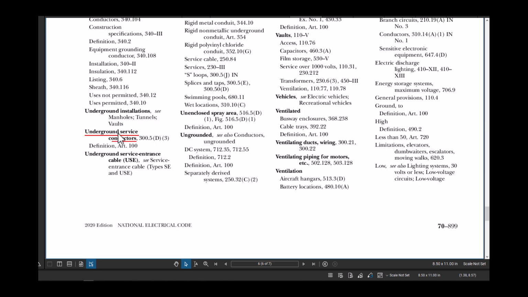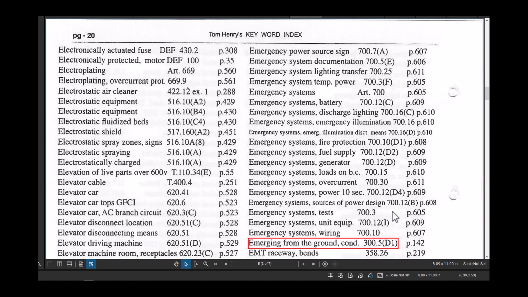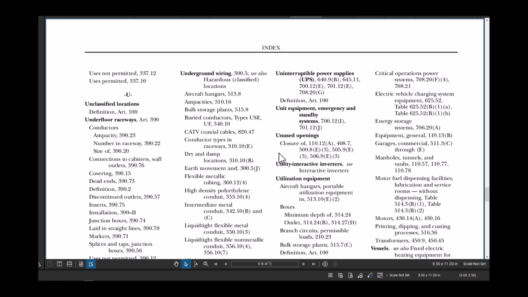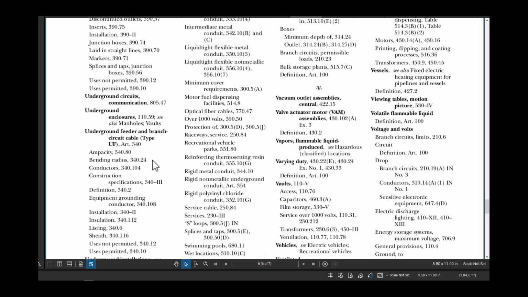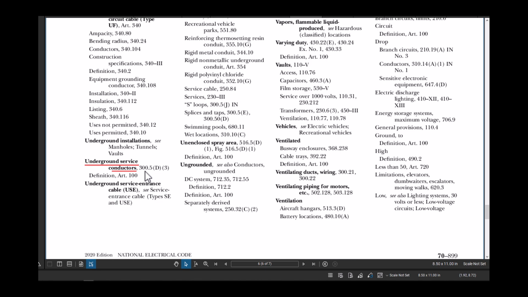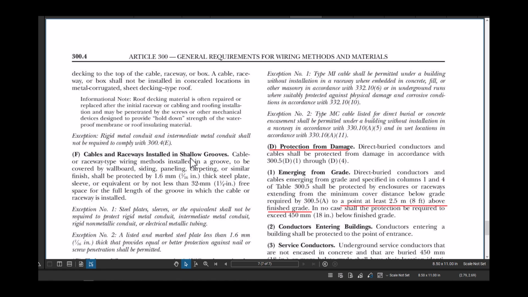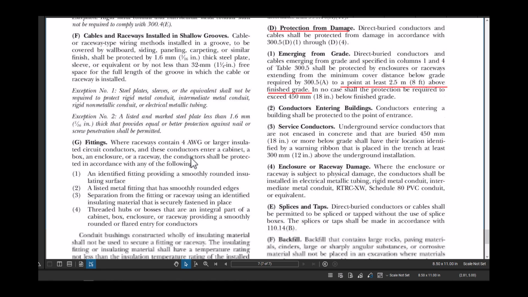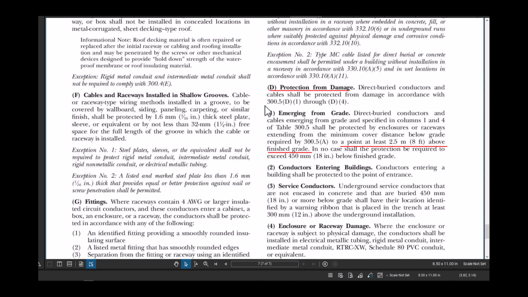We have underground service conductor, which is the same reference as Tom Henry's, 300.5(D)(3). Tom Henry's referred us to D1, as you remember, but here it refers us to D3. Let's start our journey from 300.5(D), to see what is happening in the other area as 1 and 3, which is D, protection from damage.